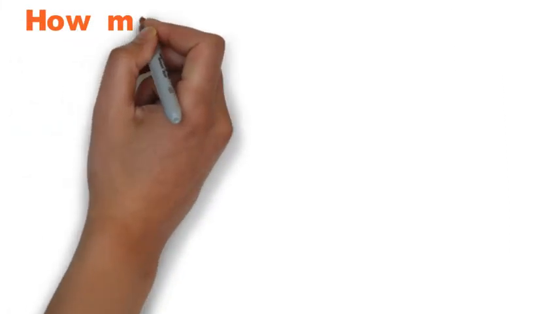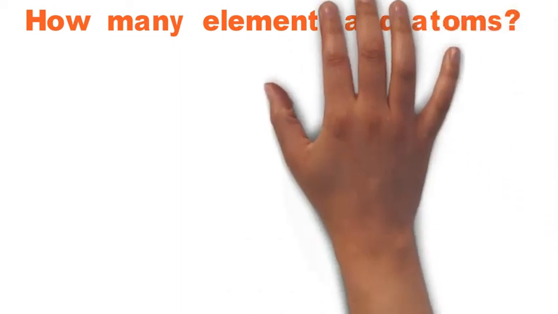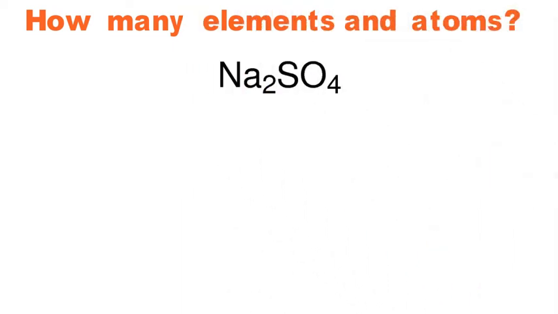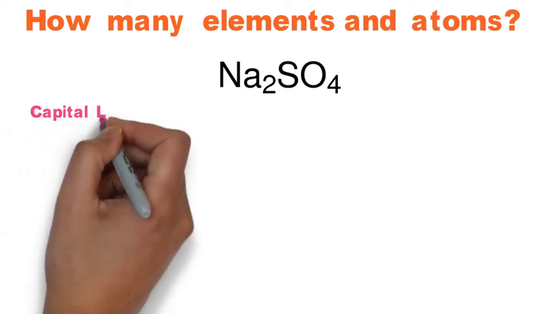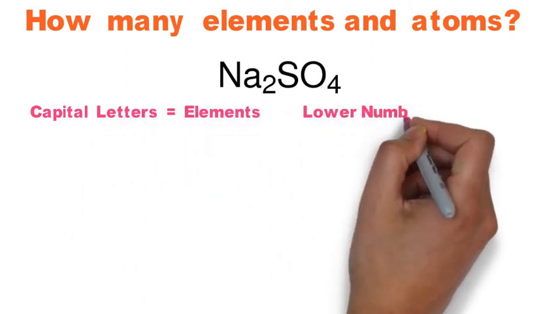To know the number of elements and atoms inside the compound, we should consider the capital letters and the numbers in the chemical formula. The capital letters equal the number of elements, while the lower numbers equal the number of atoms.